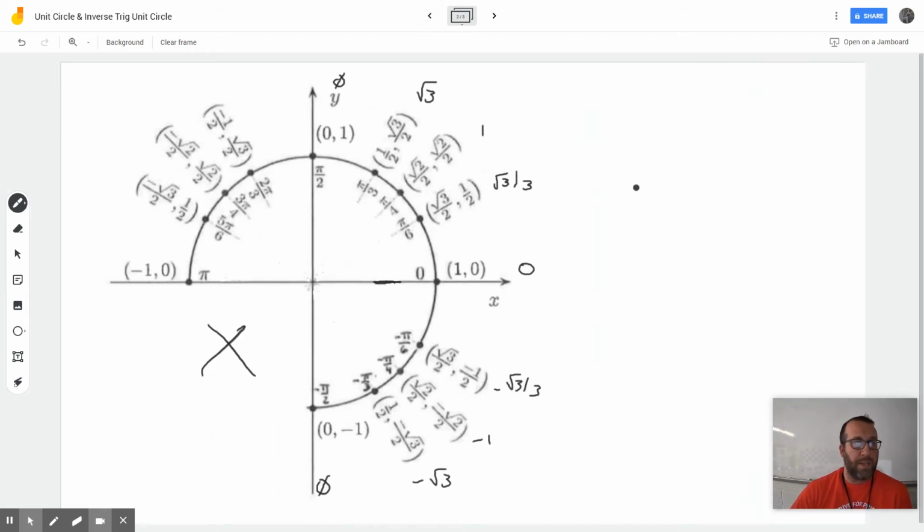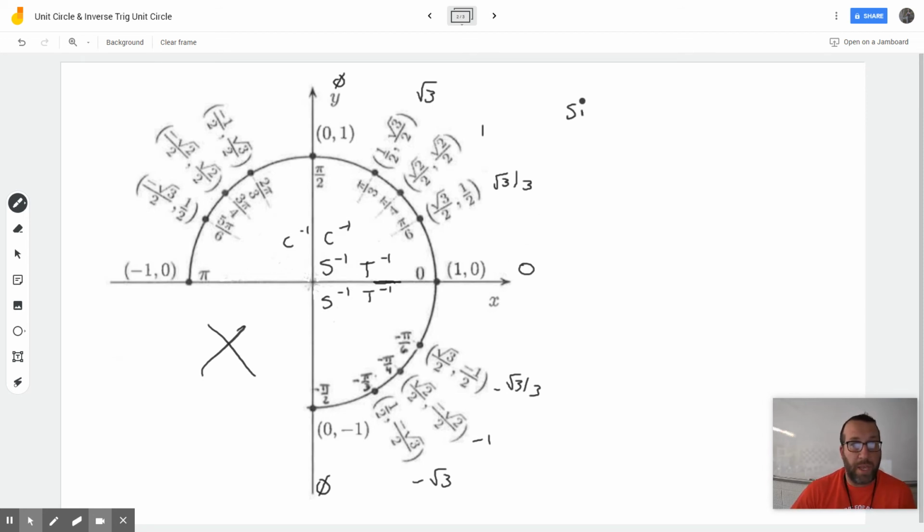So when we go back to this now, I know for a normal unit circle, we write "all students take calculus," ASTC, indicating the signs. For the inverse trig unit circle, I would write inverse sine, right? Inverse tangent, and then inverse cosine, okay? As an idea of what quadrants those are defined in.